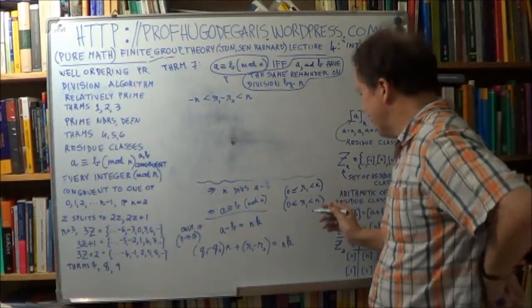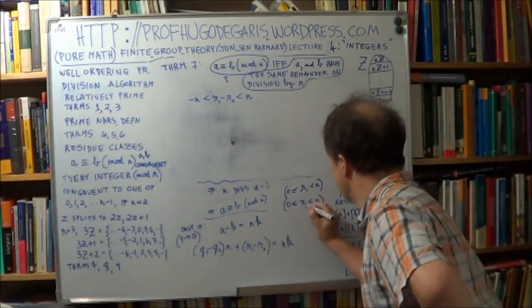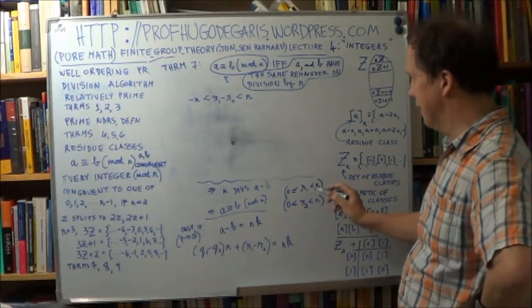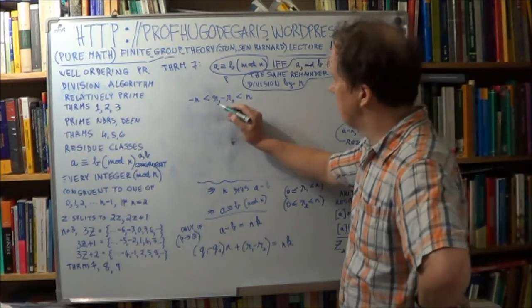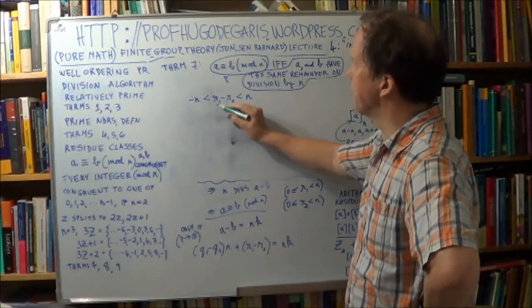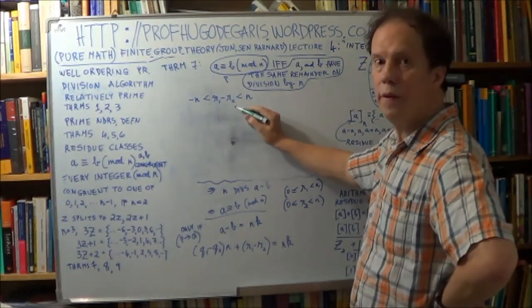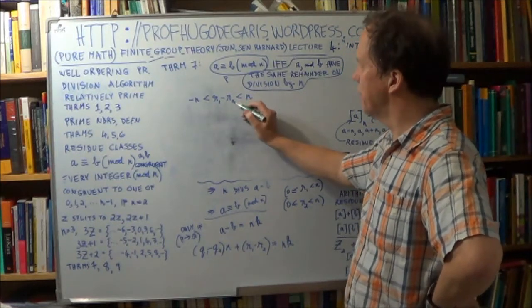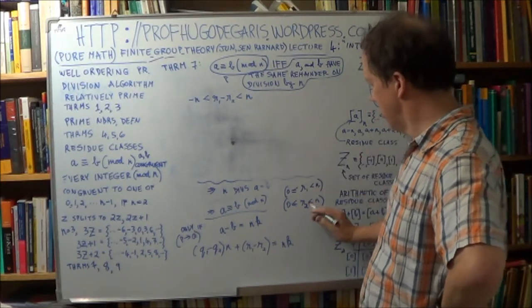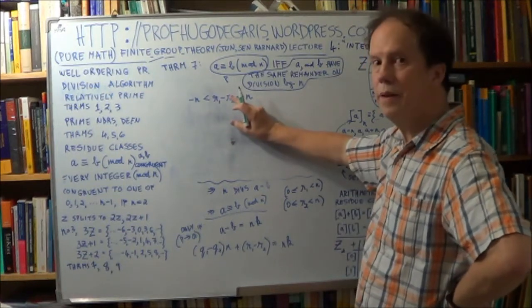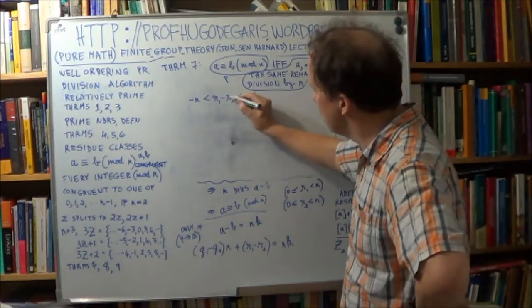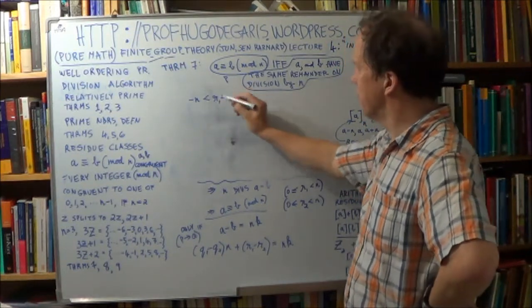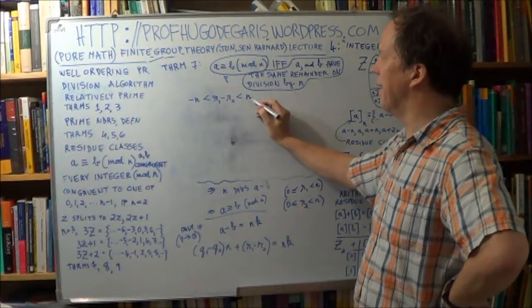Now, what's the biggest this could be? Well, if R1 is almost n and R2 is almost nothing, then this difference is almost n.